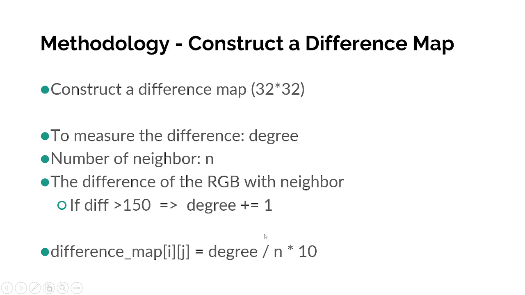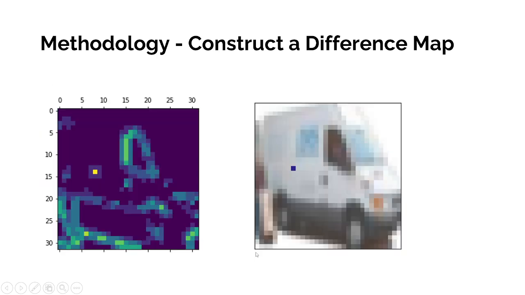And he also calculates the average of the degrees, because he needs to divide by the neighbors. The pixels on the edge will have a fewer number of neighbors compared with the other pixels in the center position.